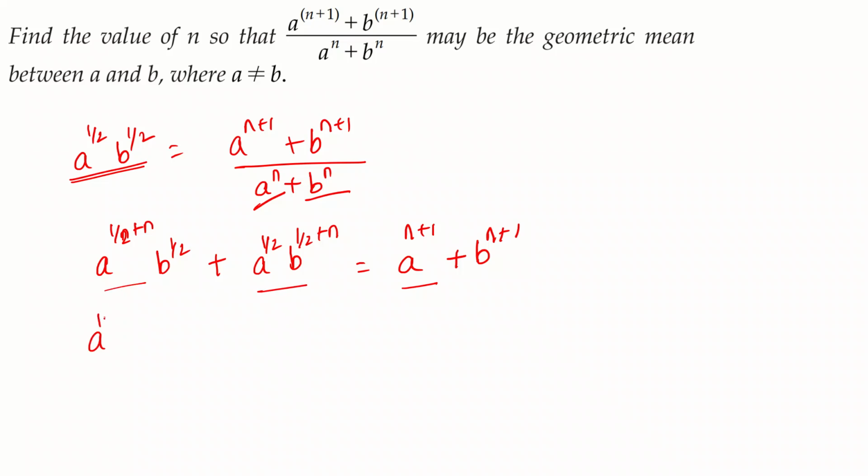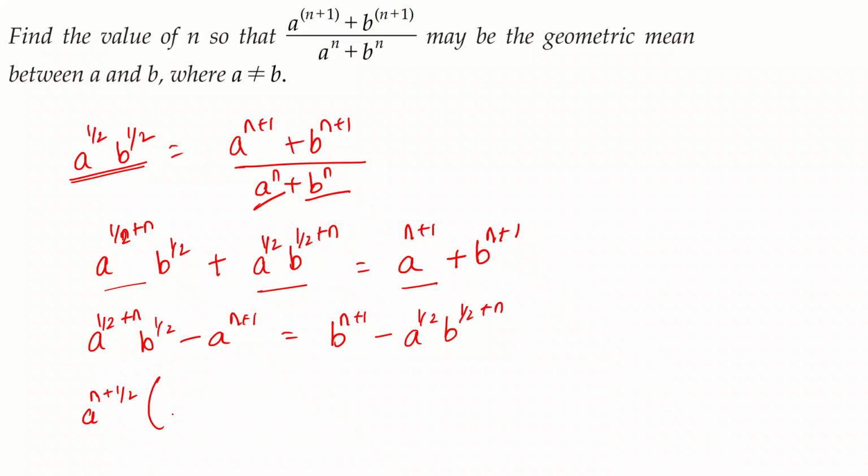So a^(1/2+n) b^(1/2) minus a^(n+1) is equal to b^(n+1) minus a^(1/2) b^(1/2+n). And now let's see what we can take out. We can take a^n common, and also a^(n+1/2) common.